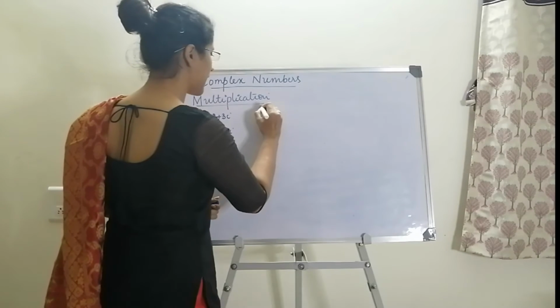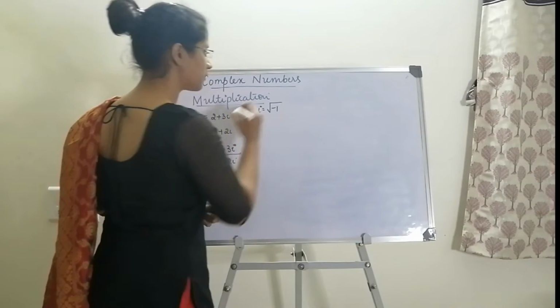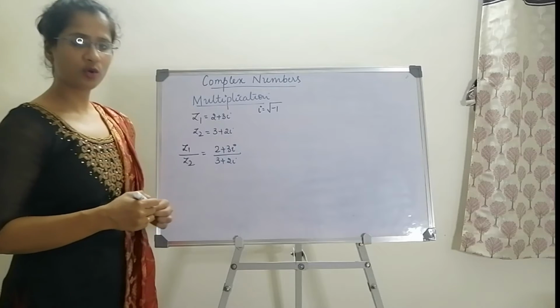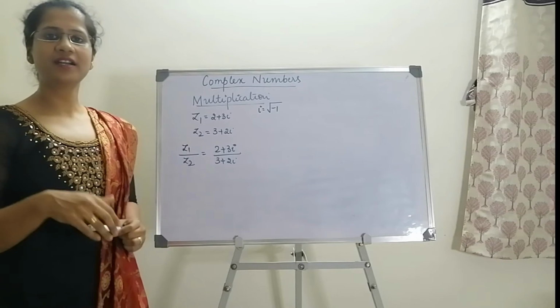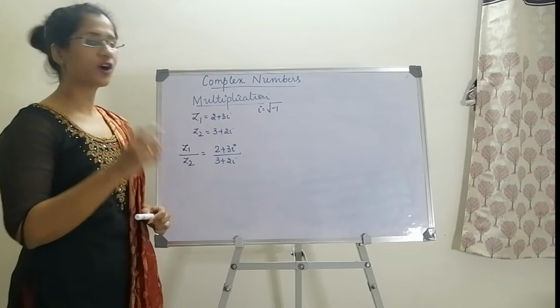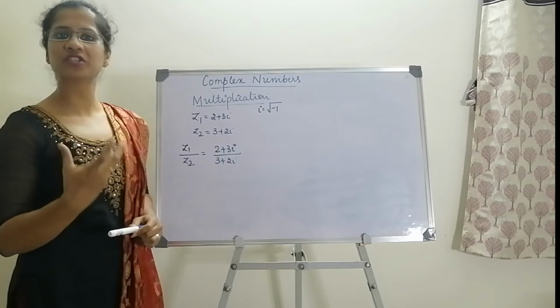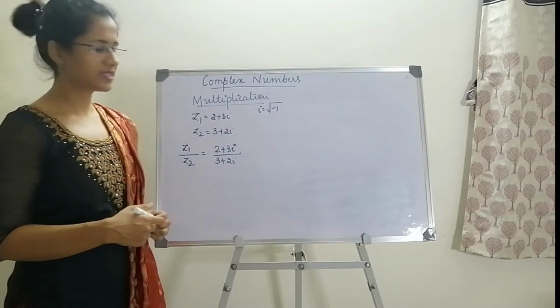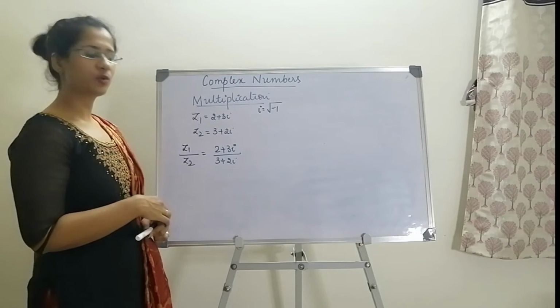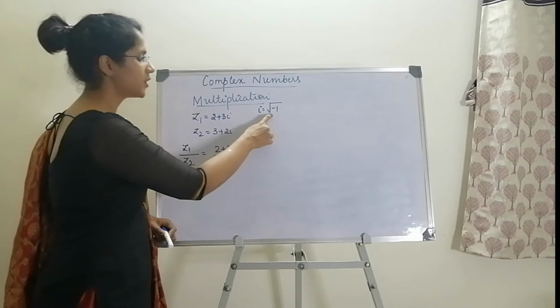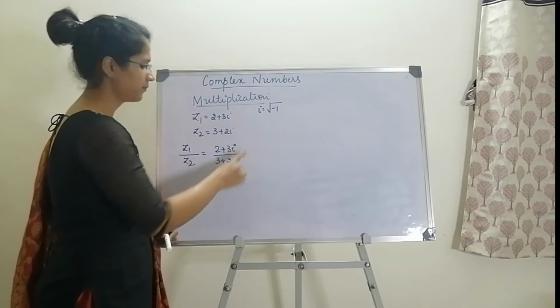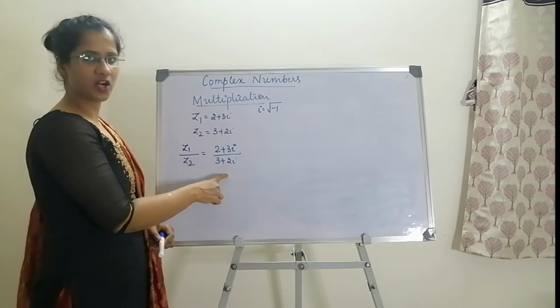We all know that i is equal to the square root of minus 1, and in our lower grades, we have already studied that if I have a root in the denominator, I have to rationalize the denominator, correct? So in that case, what am I doing? Since the value of i is the square root of minus 1, I will rationalize the denominator.